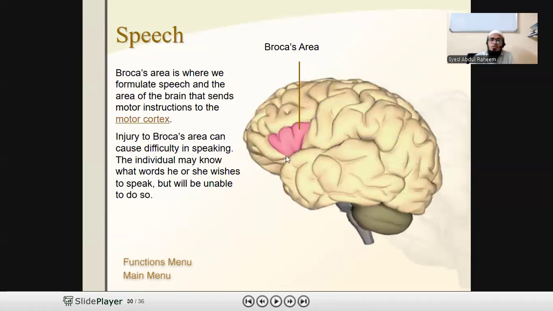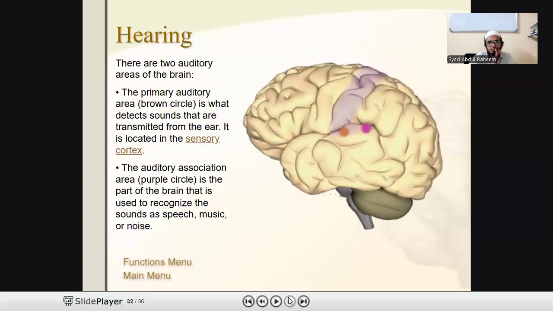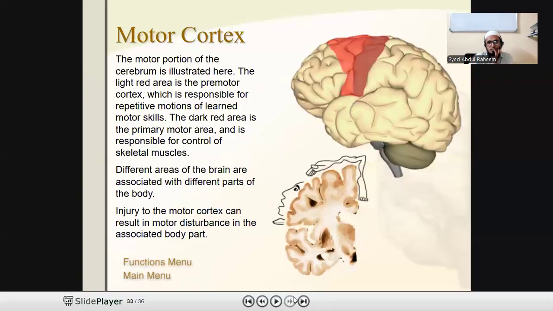Speech is also related to Broca's area, here in the frontal lobe. Language is also Wernicke's area, already we discussed. Hearing, temporal lobe. We have the motor cortex.